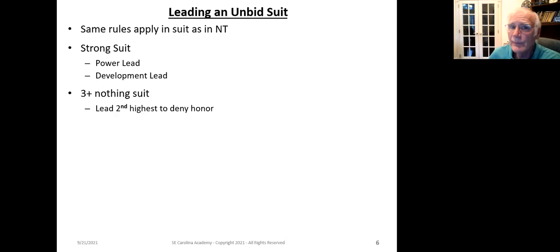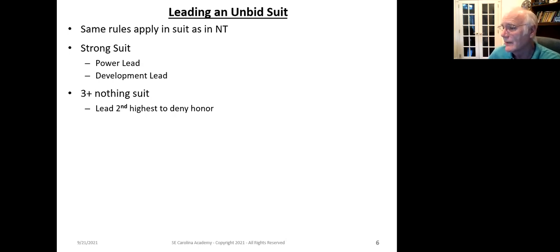Okay, against three small cards from nothing, you're going to lead the middle card. There's one acronym called MUD, middle up down. You lead middle up down to, in essence, tell your partner, hey, I don't have anything in it. By playing the higher card second, it says, hey, I've got more than 2.